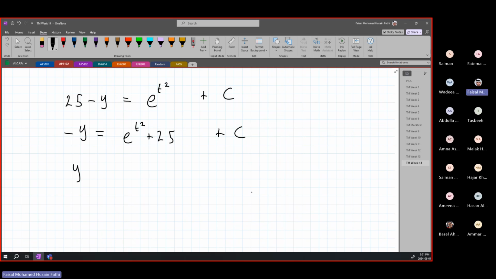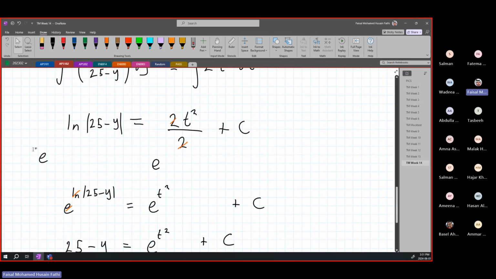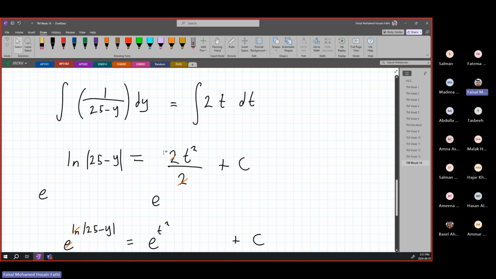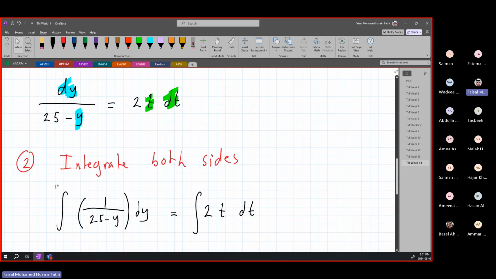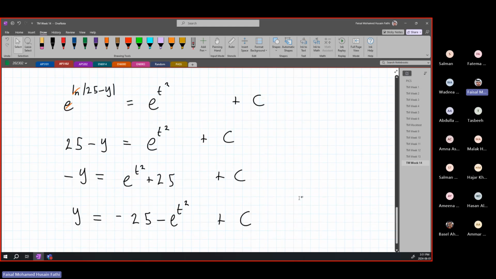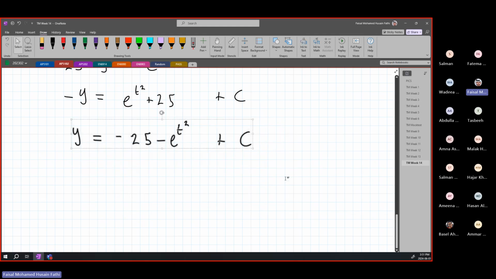So we're going to have that y is equal to 25 minus e to the t squared plus c. Again, this was just integrating both sides. You guys need to make sure you're good with your integration so you'll be able to find out your final answer. And this is how it will look like.